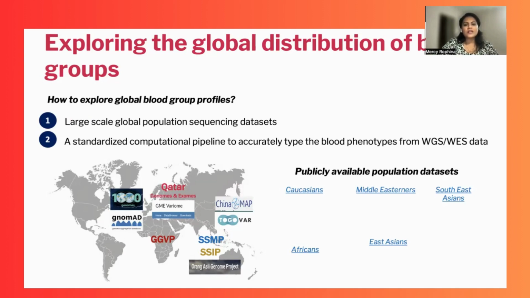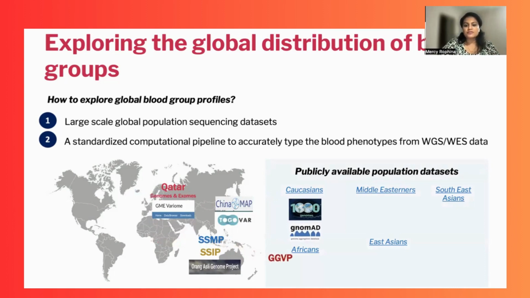When we quickly take a look at the publicly available population data sets, for example for Caucasians and Middle Easterners, there are a lot of publicly available sequencing data sets nowadays. The 1000 Genomes and the gnomAD dataset predominantly encompass samples which belong to the Caucasian population. Similarly, for the Africans, we have the Gambian Genome Variation Project data, which is available publicly, and we have the Qatar genomes and exomes and the Greater Middle Eastern variome data, which belong to the Middle Eastern population.